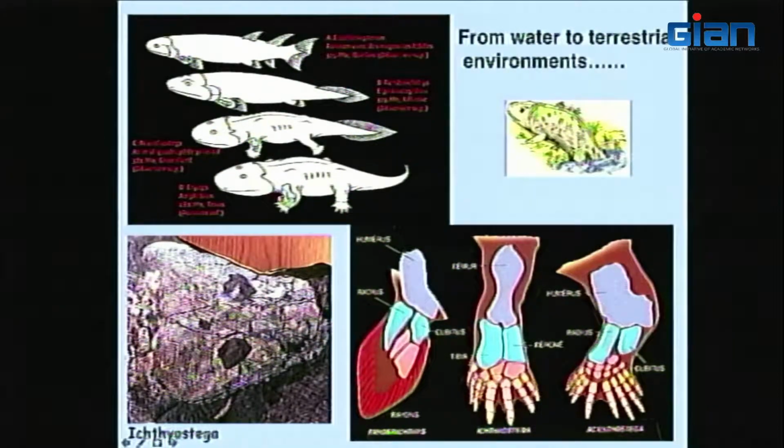This is the missing link between the fish and the amphibians, okay? So you can see that we have gradually the transformation of a fish state to an amphibious state, a real one, which is appearing really during the lower Permian.